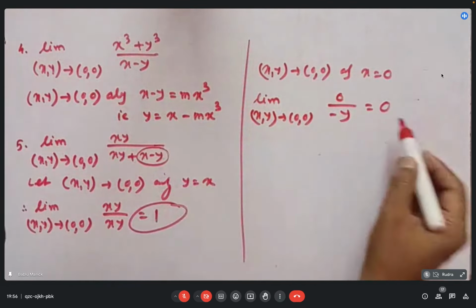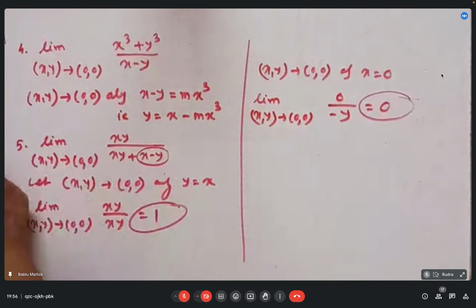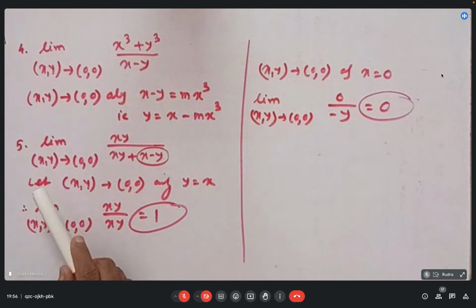So we are getting two different limits. Therefore limits are different, so this limit does not exist.